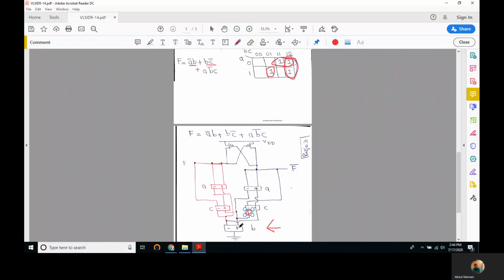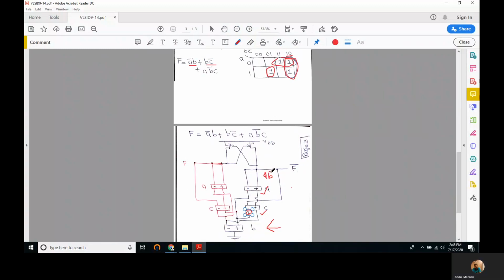So we take A B bar C. So this is B bar taken to C, and the output B bar C is taken to A, and we have A B bar C here.